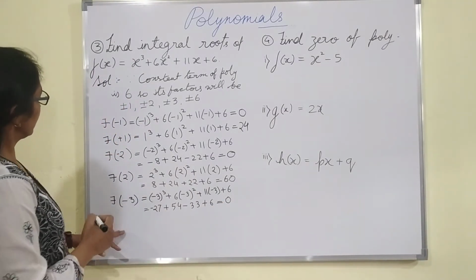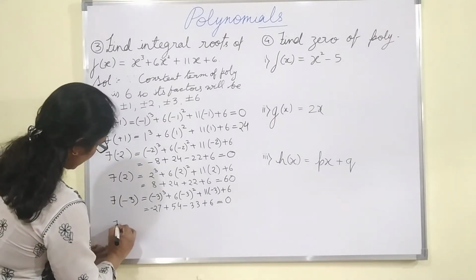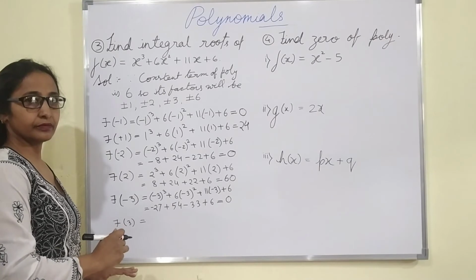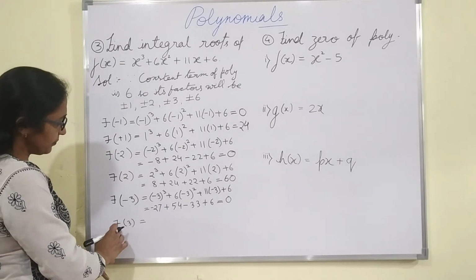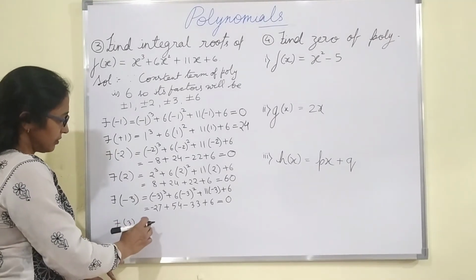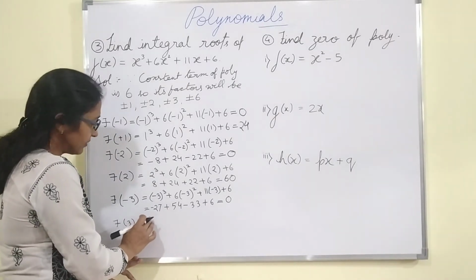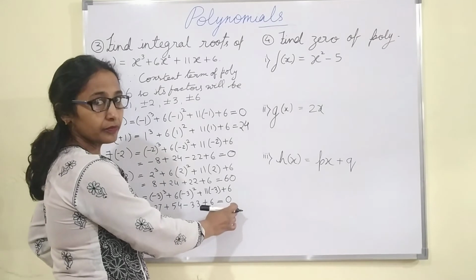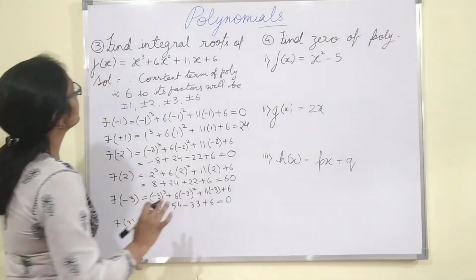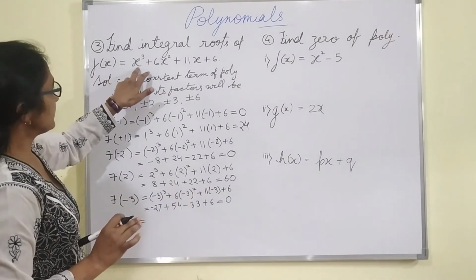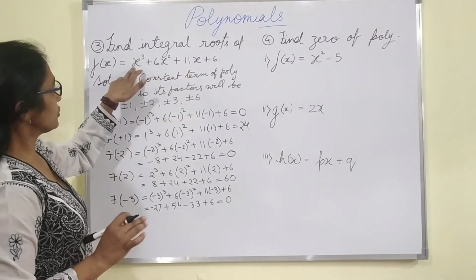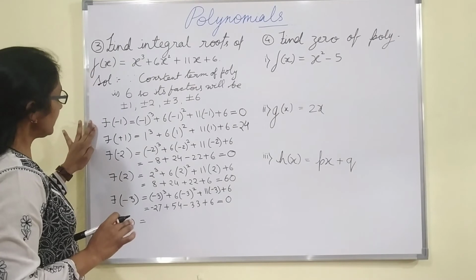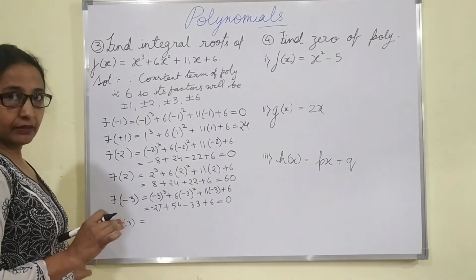Now we would put the value of +3. Actually I know its value is not going to become 0, and you can solve it. Since it is a cubic polynomial, we will get only 3 roots.